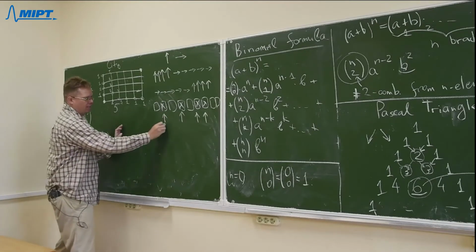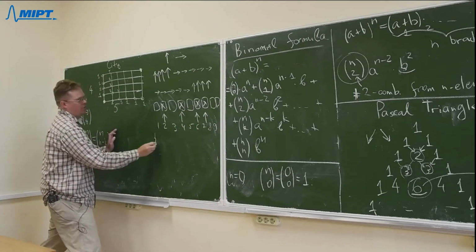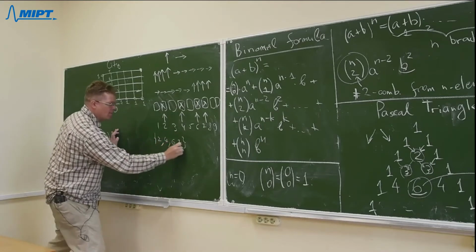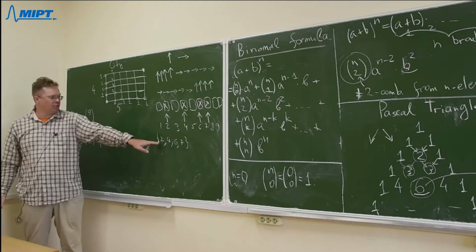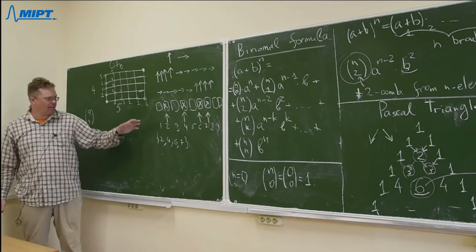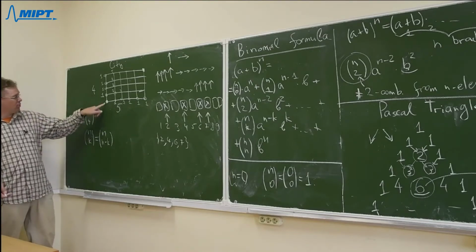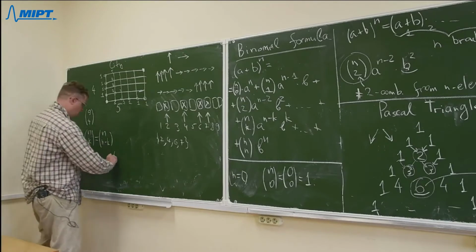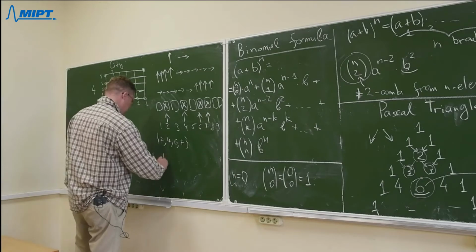So again you write the number of the steps, and here we choose a 4-element subset of it. These are exactly the steps where we're going up, and the other steps we're going right. So the number of possible ways of going from here to here is just the number of combinations of 4 elements from a 9-element set.